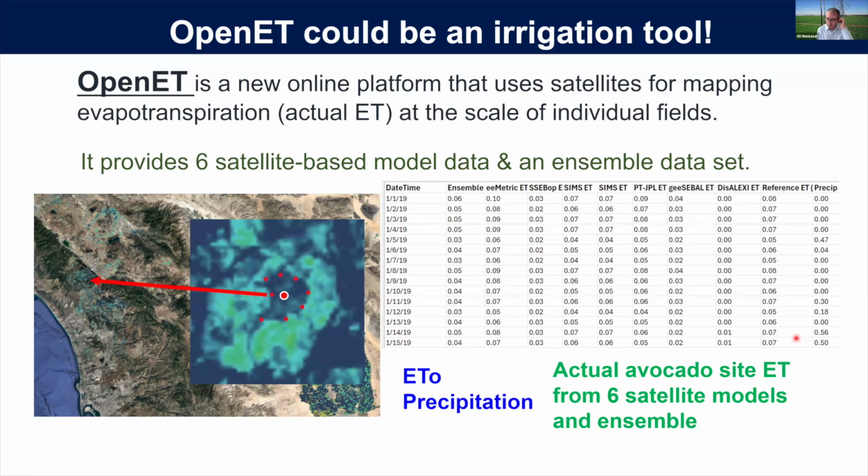This is the data I have for one avocado site in Escondido. It shows the first 2 weeks of January 2019 for this site. You see each column shows the amount of ET from a different satellite model. It also provides you grass ET and rainfall, which might be very useful for you.